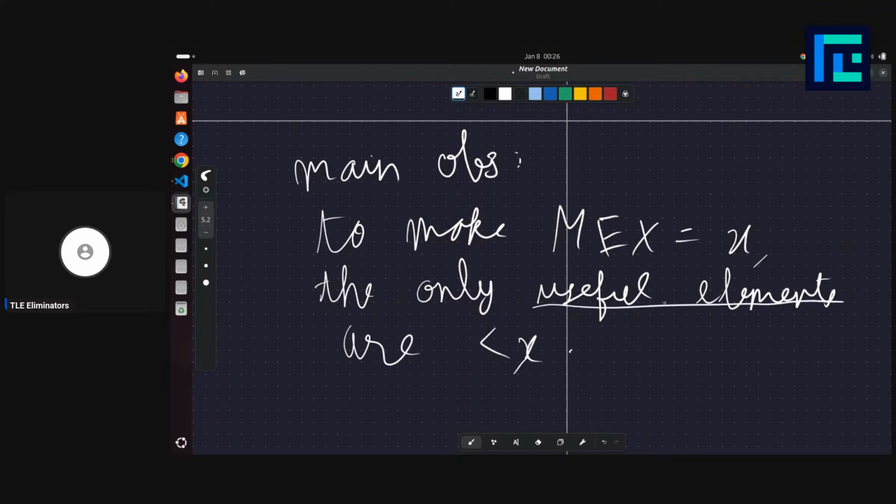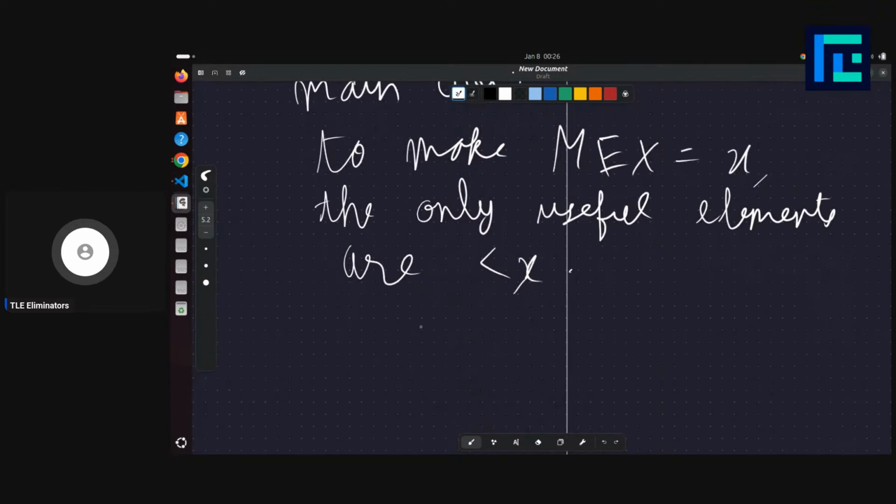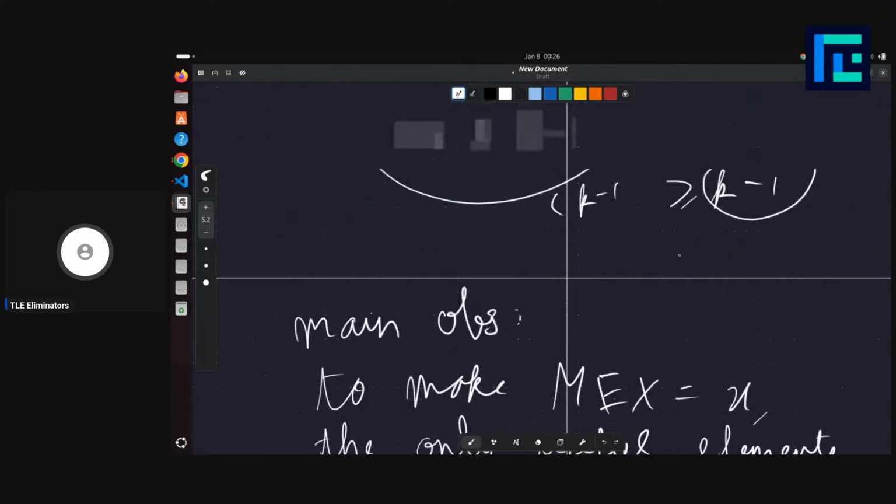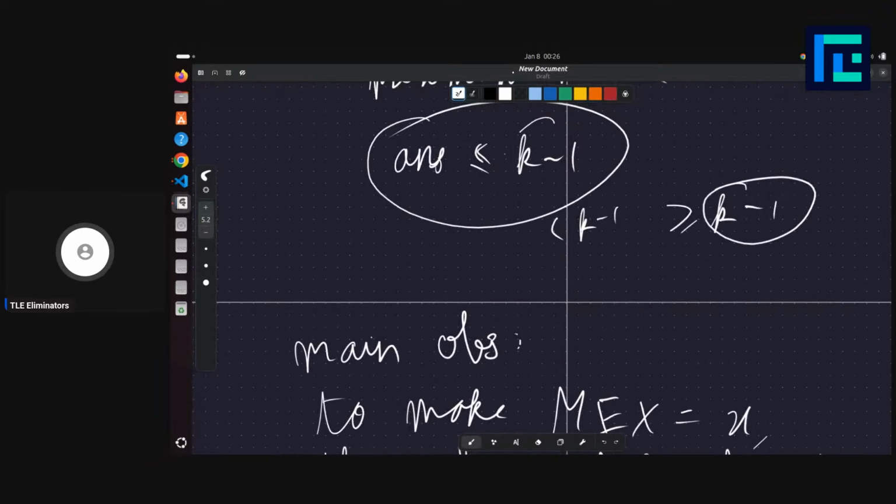Useful as in the elements which are making the max x. So if I have a subarray and I want to delete some element from it, I can simply delete an element which is greater than or equal to that x, which is k minus 1. Since I know my final max would turn out to be less than or equal to k minus 1, I can simply delete the element which is greater than or equal to k minus 1, and that will not harm me.